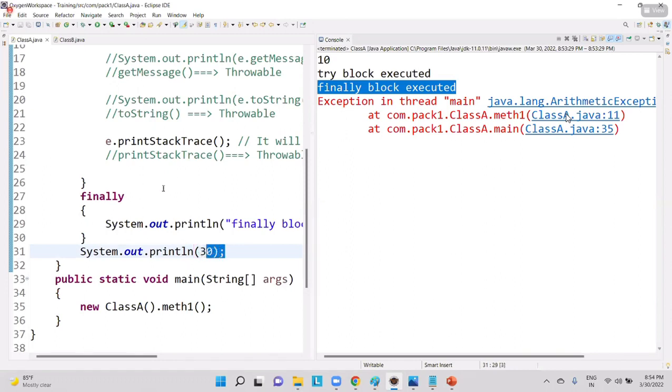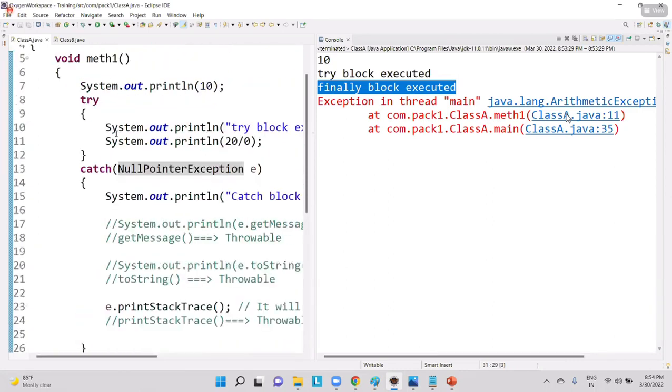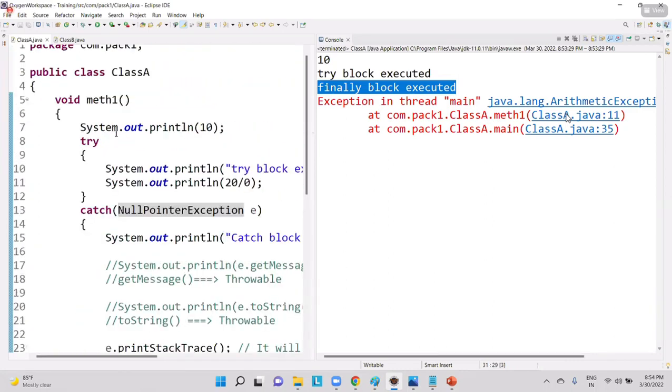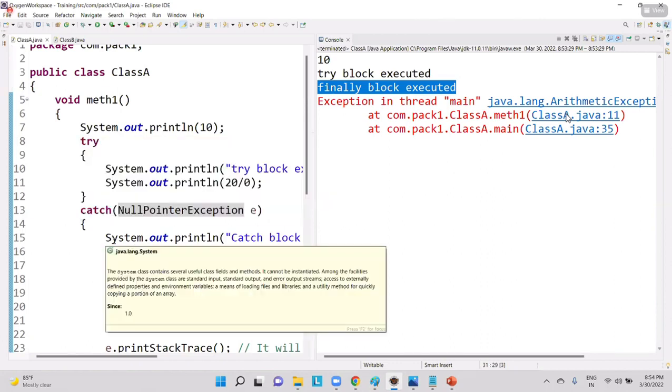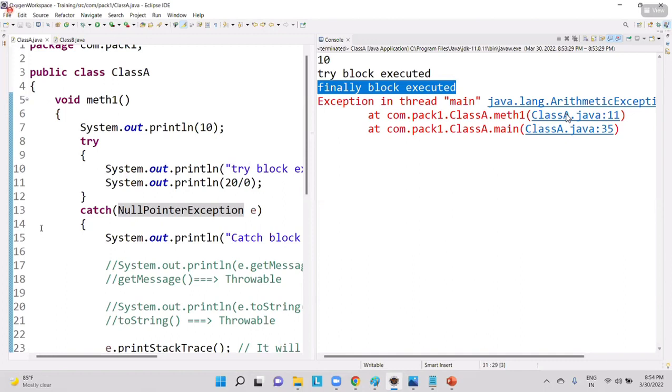Sir, but we have written exception handling techniques. Yes. Guys, can you please tell me why our exception is not handled?